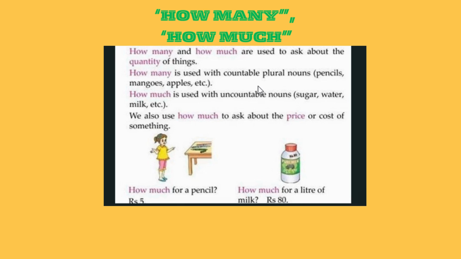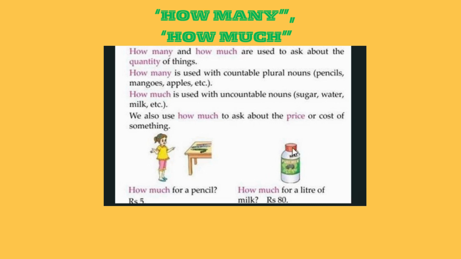When we can't count, with uncountable nouns like sugar, water, milk, we use how much. We also use how much to ask the price or amount of something that we want to buy, the cost of the things we are going to buy. That is where we use it.